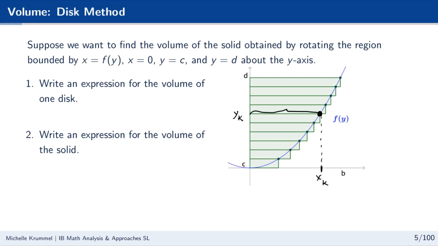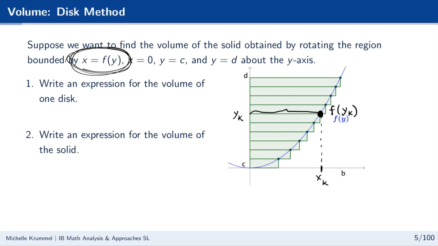And the x value right here, I can't write f of x sub k because f of an x value gives you a y value. We're actually trying to write an expression for the x value. So it's f of y sub k, because here x is a function of y. Right here we see that x is a function of y instead of y being defined as a function of x.